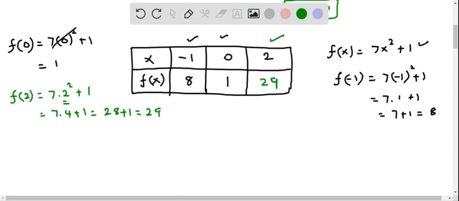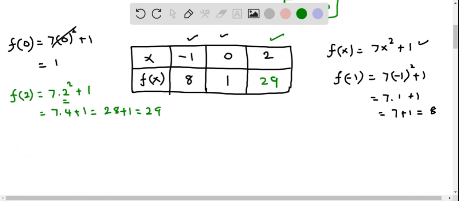Now we have to look at the table and determine the maximum and the minimum value of the function. The maximum value occurs at x equal to 2, and the minimum value occurs at x equal to 0.